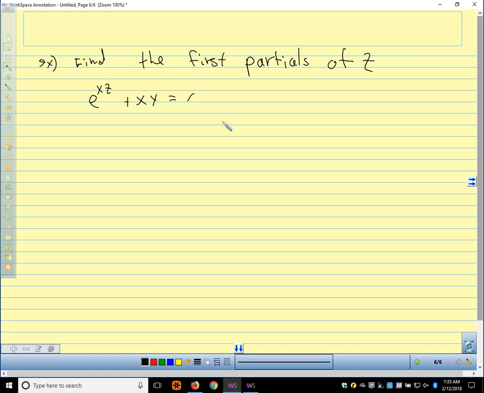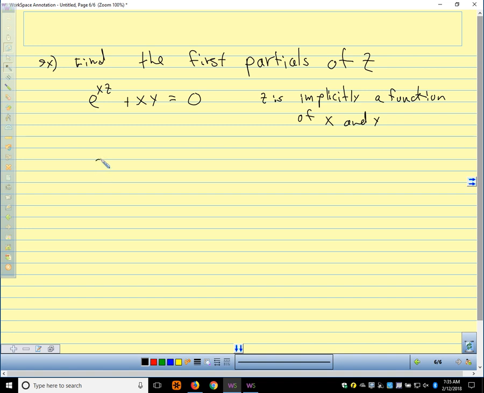This is not an extremely complicated function. You could solve this for z in terms of x and y. It'd be kind of a messy function, but we know that we can differentiate implicitly. So I'm going to say z is implicitly a function of x and y. We don't need to find the explicit relationship between z, x, and y. We just take advantage of the implicit relationship.